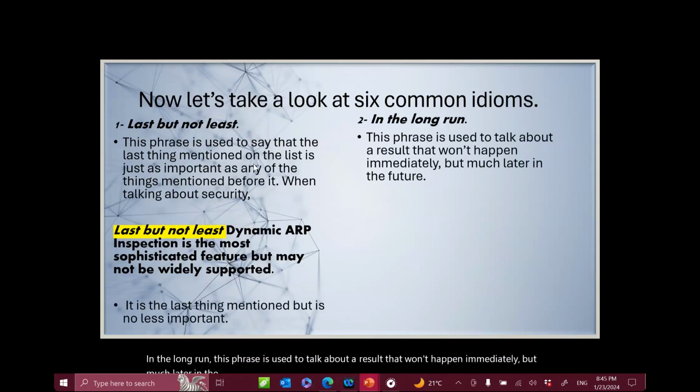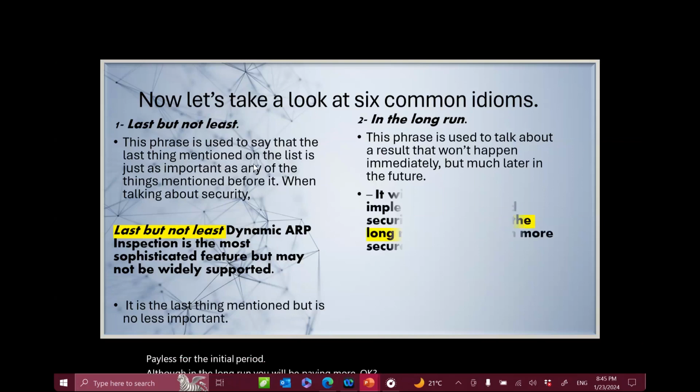Let me give you an example. Of course, this does have some disadvantages, but in the long run, it will save you a lot of trouble. Another sentence: The credit card option would mean you pay less for the initial period, although in the long run you will be paying more.